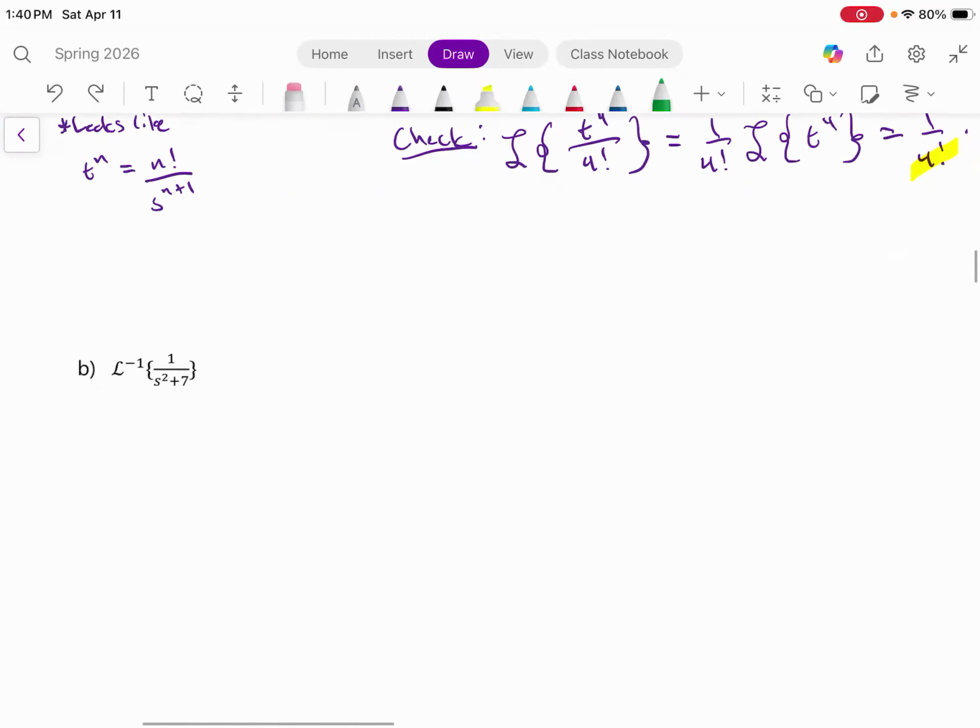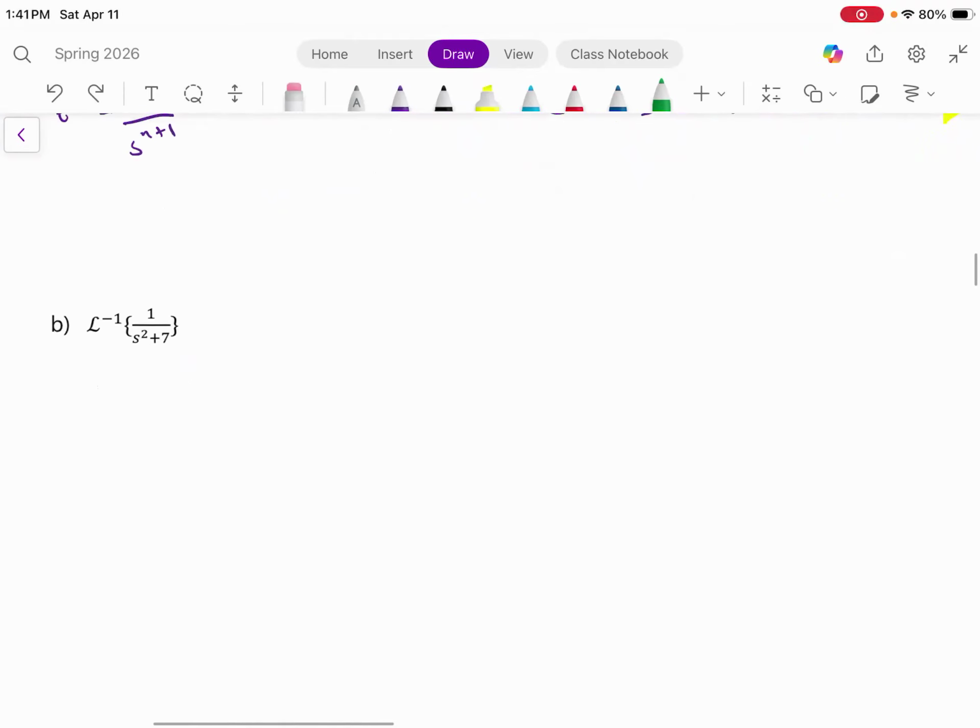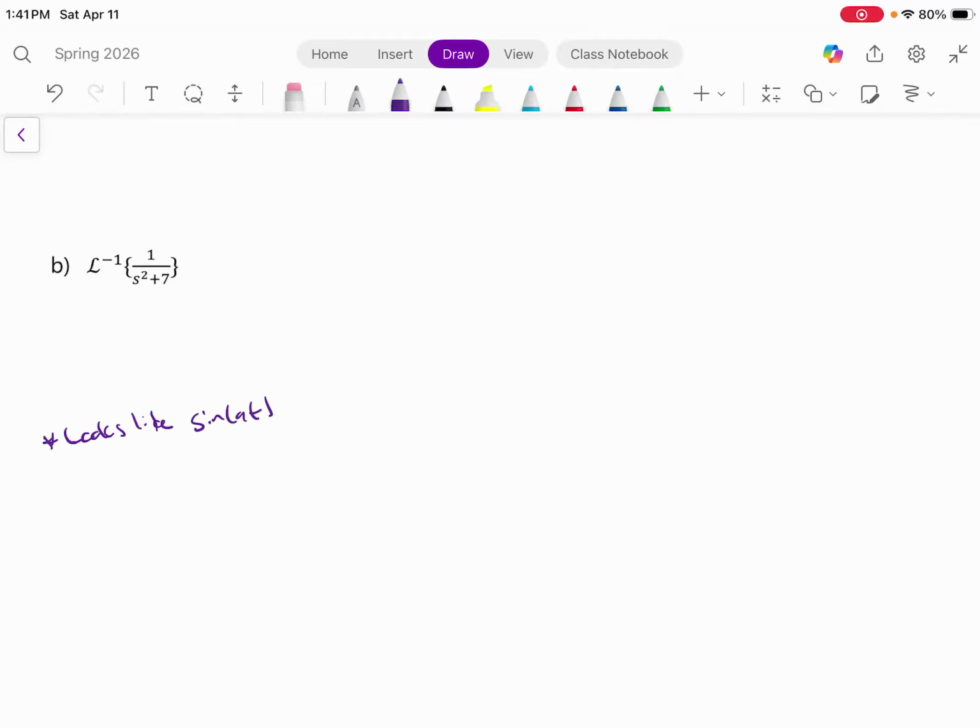And we're going to try to manipulate this into an inverse Laplace transform. So I can make a note: it looks like sine of at to me because of the constant, the regular constant 1, up top.